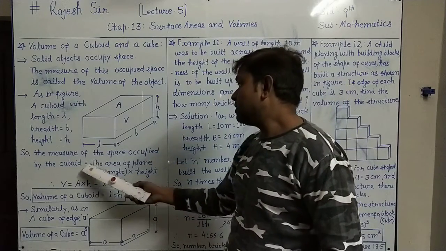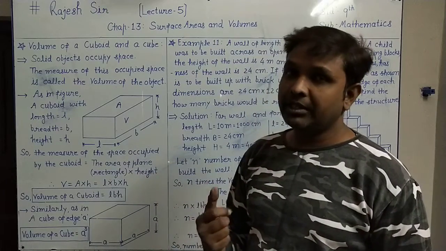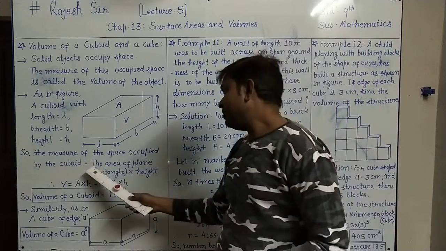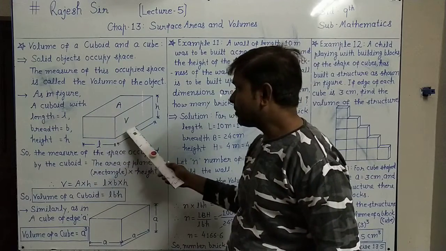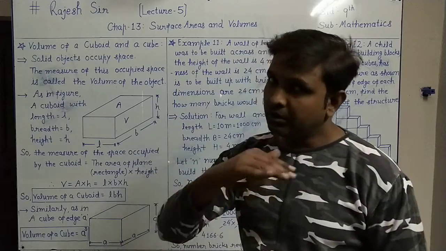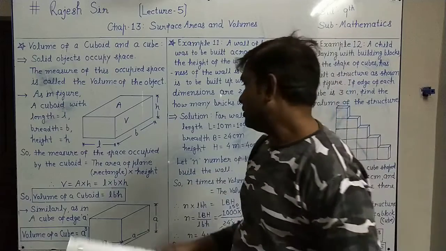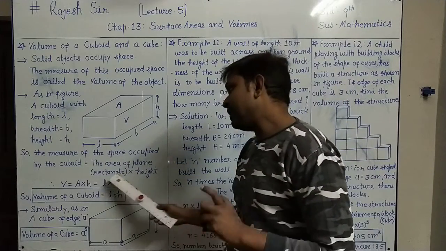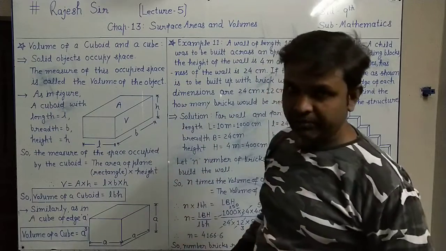How can we get how much space it has occupied? For that we will take the area of the plane, that is the rectangle-shaped base or top of the cuboid, into its height, how much height it has covered.